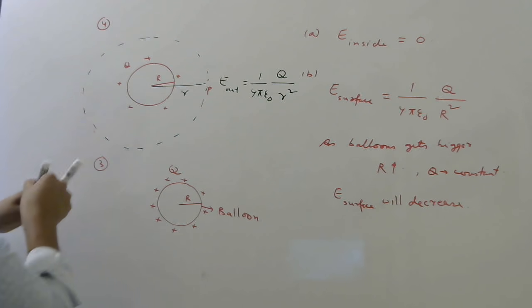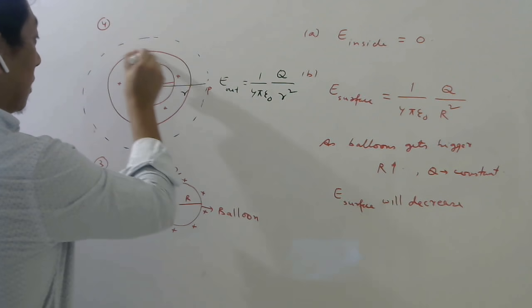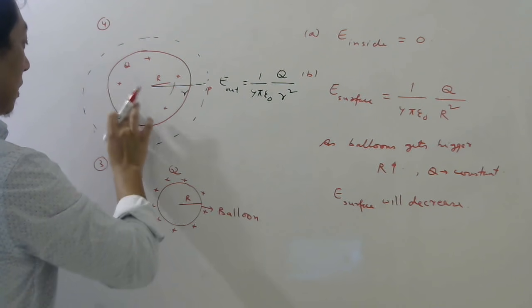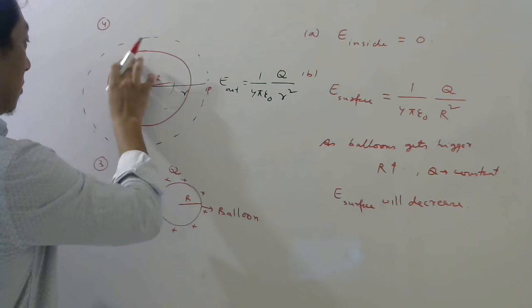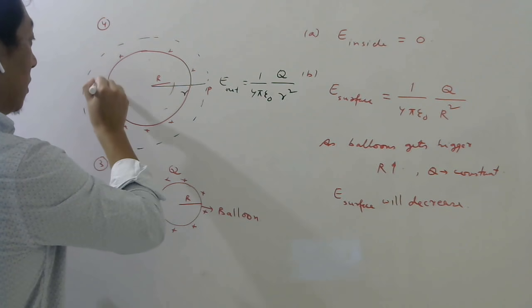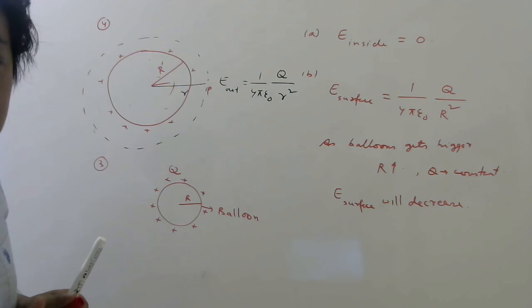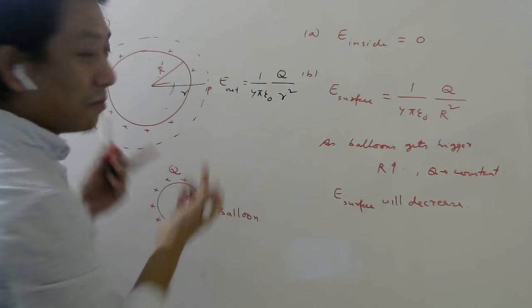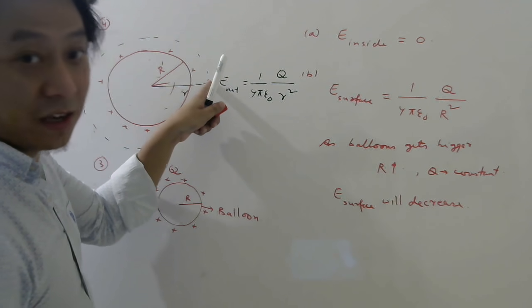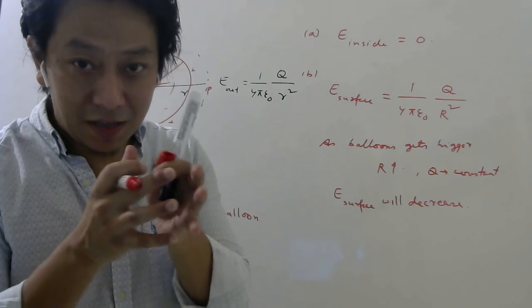Understood? Now, if the balloon becomes bigger, like this, now the balloon has become bigger. The charge is on the outer surface only. So you can see the radius has increased, no doubt, but this small r will remain the same, because they are asking how the electric field at an outside point changes as the balloon size increases.